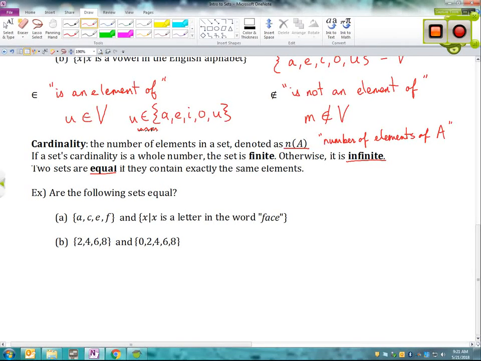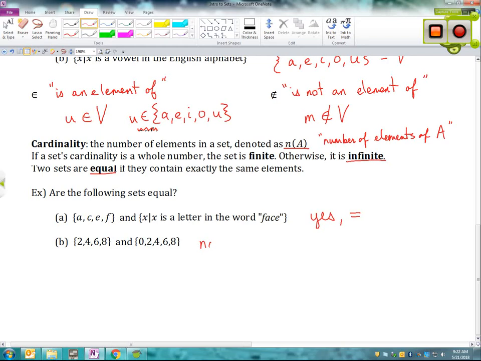All right, so here we've got a couple examples looking at whether or not sets are equal. First, we have the set of A, C, E, F, and then we have the set X such that X is a letter in the word face. Because those are the same thing, again, order does not matter, then yes, these are equal. Okay? And then for the last example, we have the set 2, 4, 6, 8 that's listed, and then we also have the set 0, 2, 4, 6, 8.